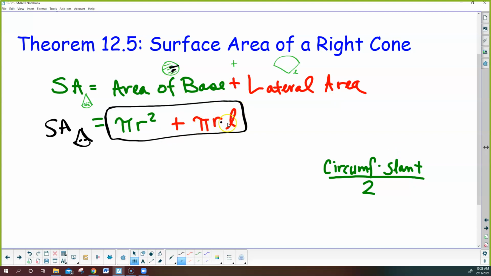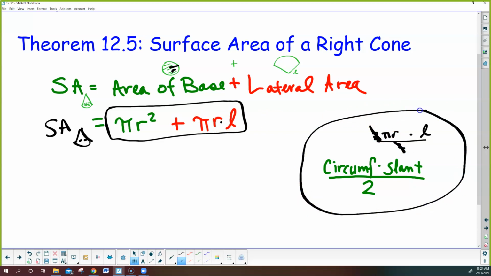But why? Where does this come from? Well, it's really the same as the half perimeter times the slant height, but pi r L is just the circumference of the circle times the slant height divided by 2. But notice the 2's go away, and I'm left with pi r L. So you don't really need to know this part right here.